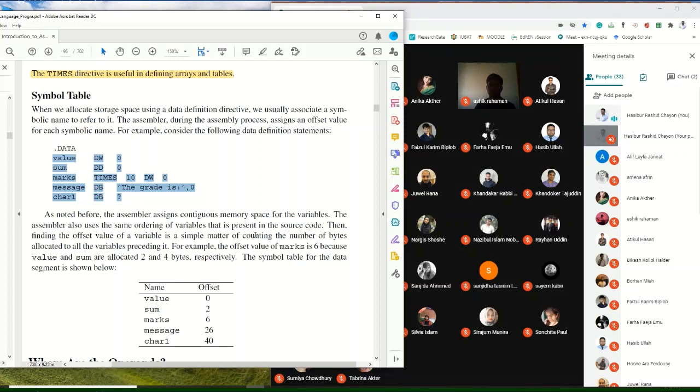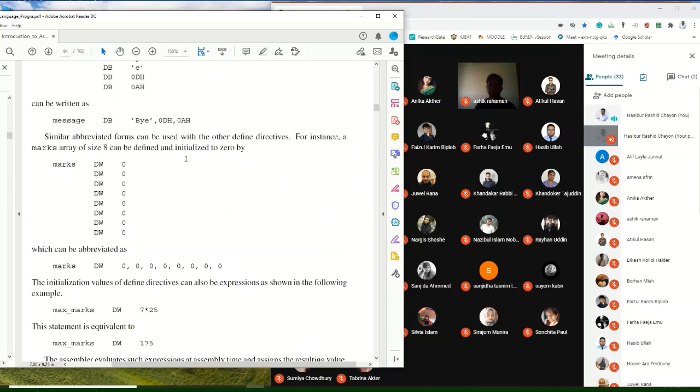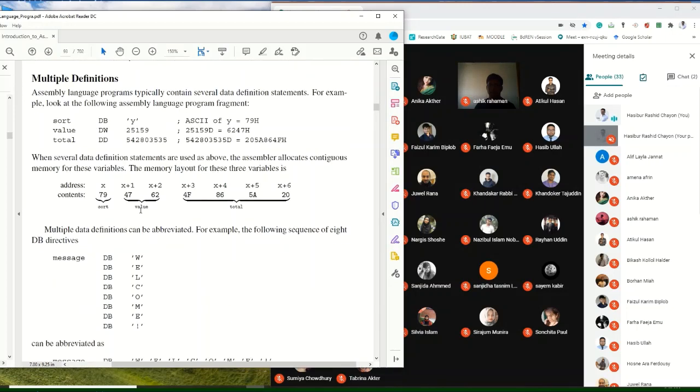So if you know the first starting address, you can easily find the next address. For example, look at here. Whenever you write this code, in the memory all of them are serial, right? So if you know the first address, it is very easy to find the address of this variable.